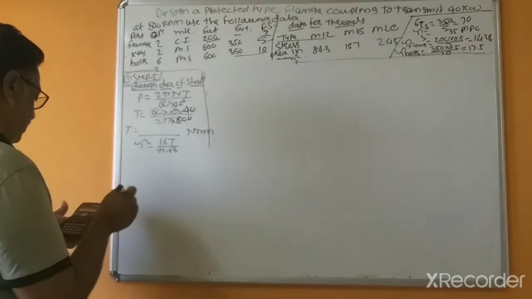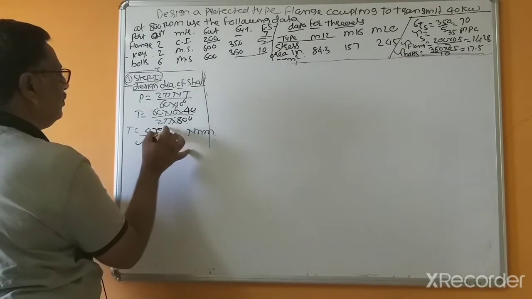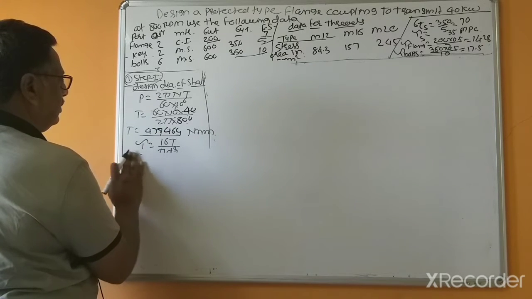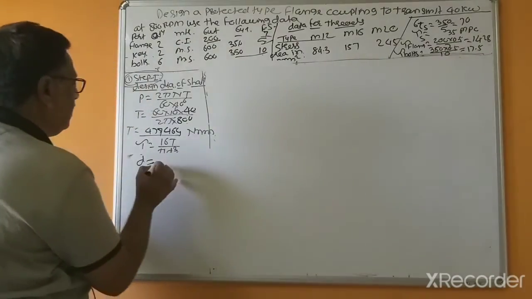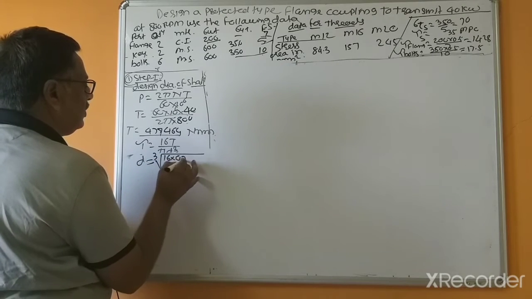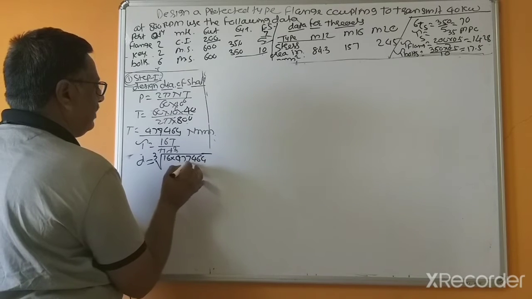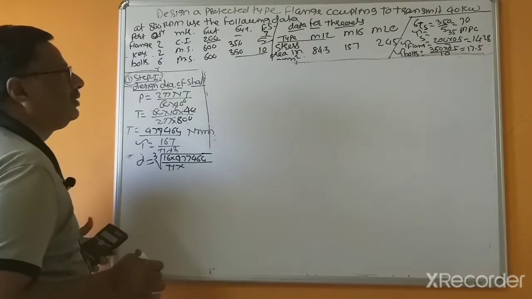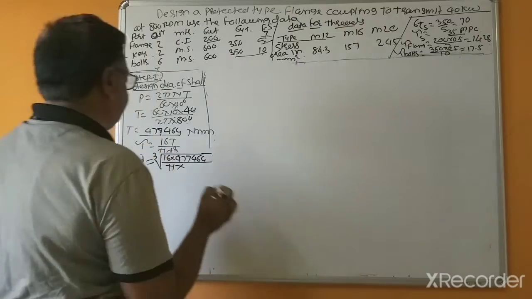This is equal to 477464. Directly now, because this is the third problem, I am skipping some of the steps. D cubed equal to 16 into 477,464 divided by pi into tau, for shaft 35 megapascals.